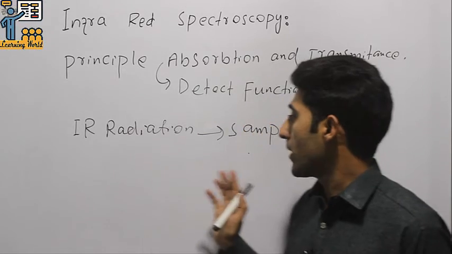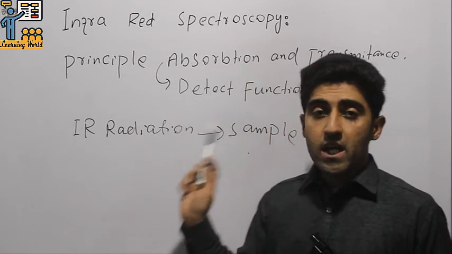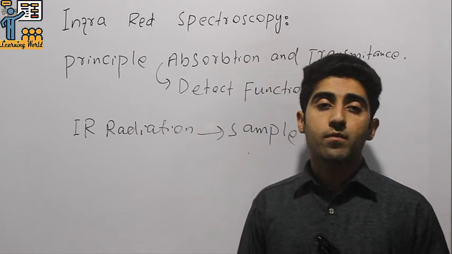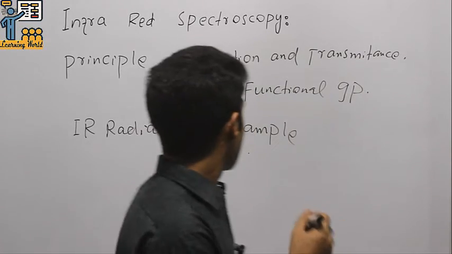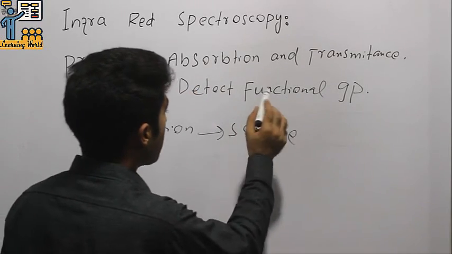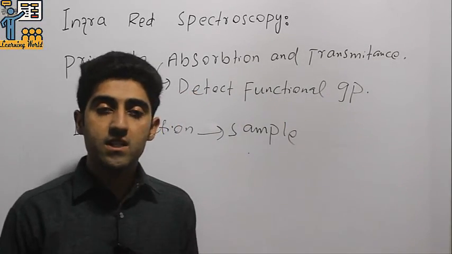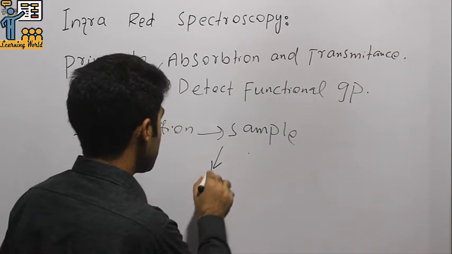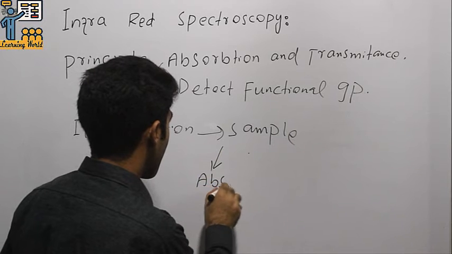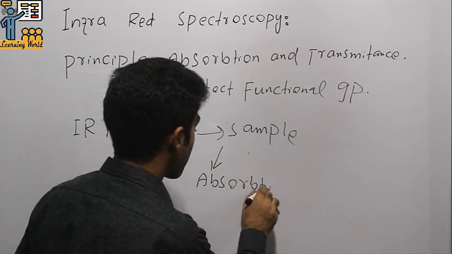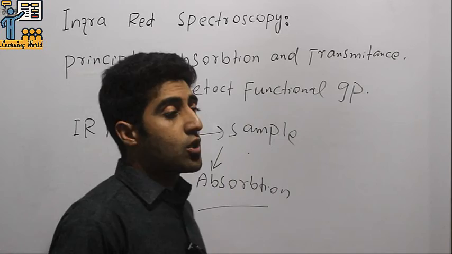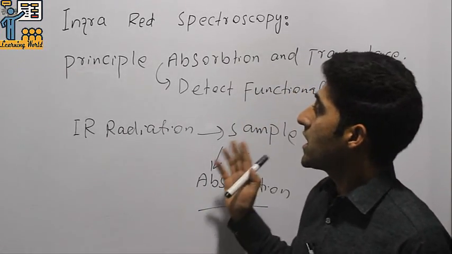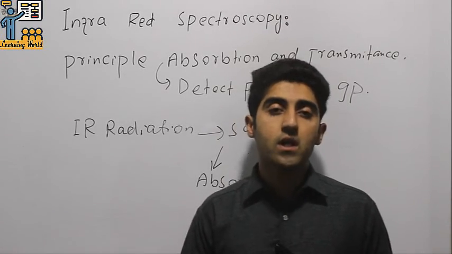The absorbed radiation will be the main characteristic of a functional group of a compound. From this absorption, we can easily determine the functional group of a compound. This is the main principle of infrared spectroscopy: absorption and transmission.